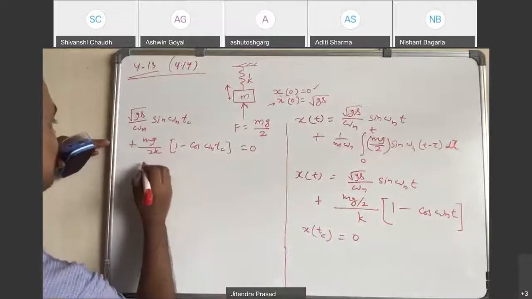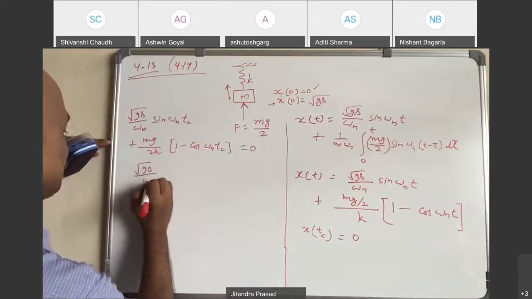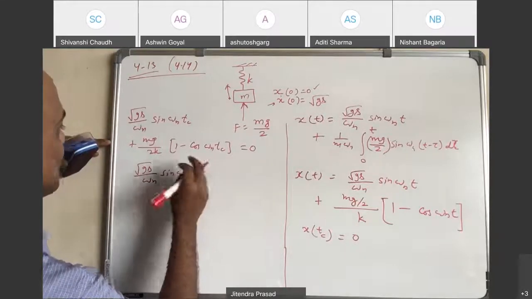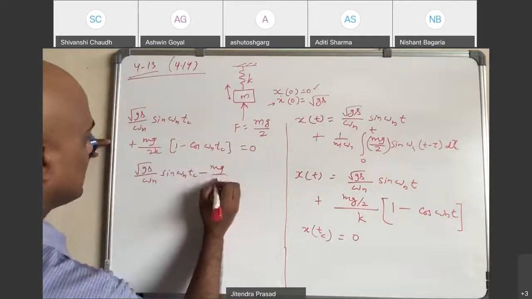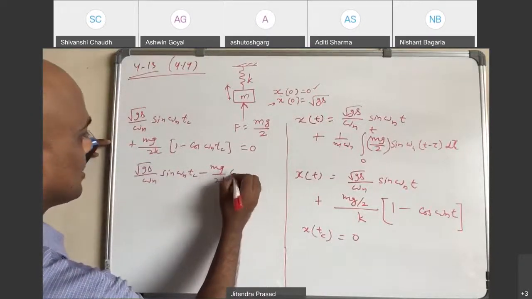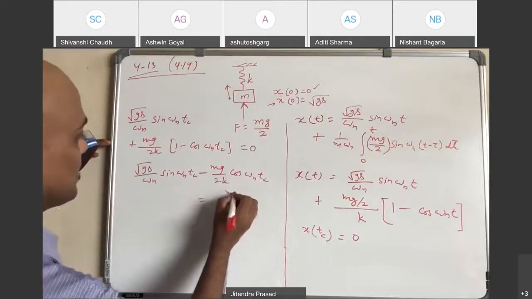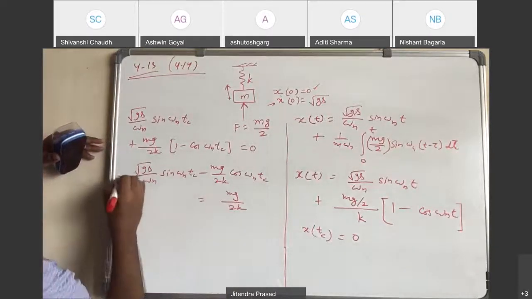So we get root gs over omega n sine omega n tc minus mg over 2k cos omega n tc is equal to mg over 2k.